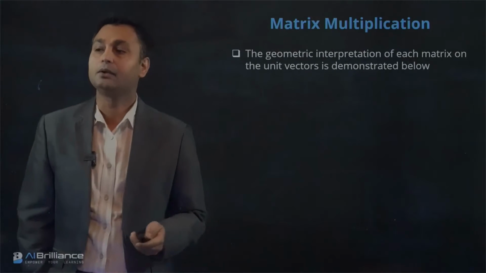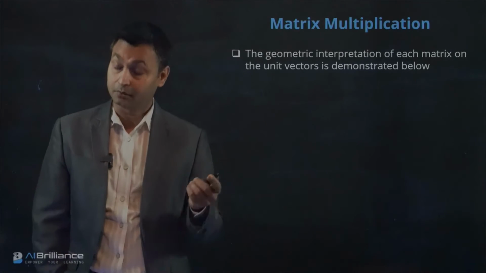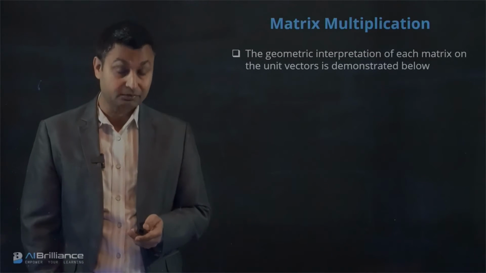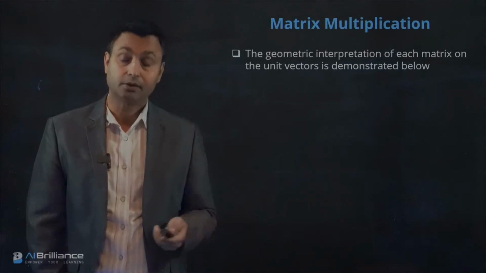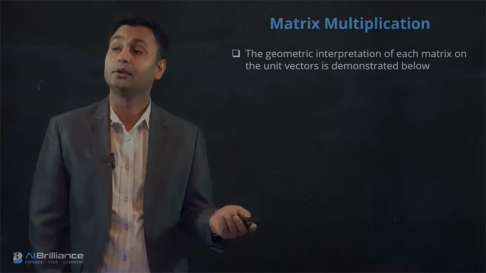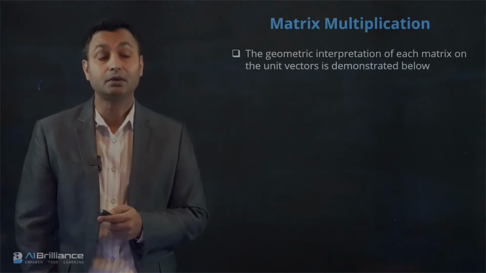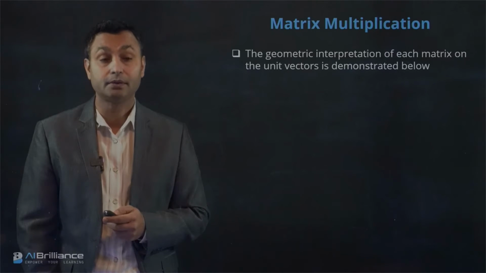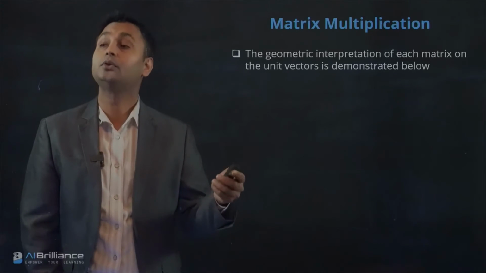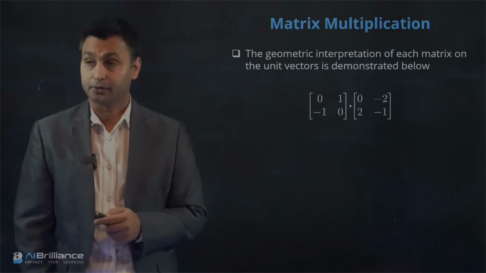Okay, and again, overall effect, if the initial matrices are linear transformations, then your overall matrix composition will also be a linear transformation. Okay, so let's see what is happening when we are composing multiple different matrices through the matrix multiplication idea in the geometrical sense.